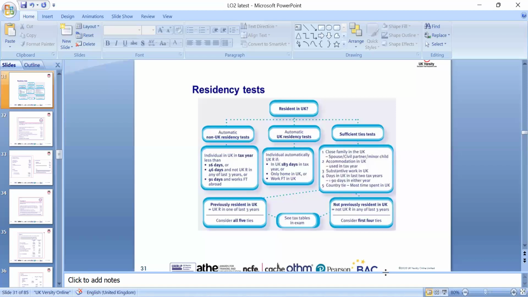See the table with specific ties: close family in the UK, spouse, child, parents; accommodation in the UK used for the tax year; substantial work in the UK; days in the UK in the last 2 years, 90 days in either year; and country ties, most time spent in the UK, and not previously resident in the UK in any of the last 3 years. So we can consider the first 4 ties, and if these are met, we have to look around.